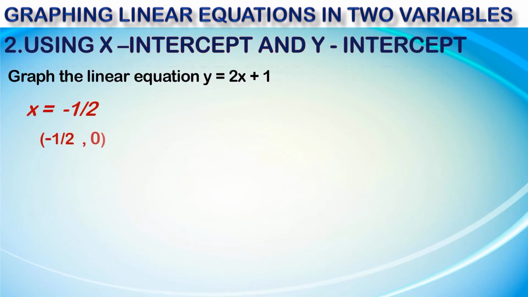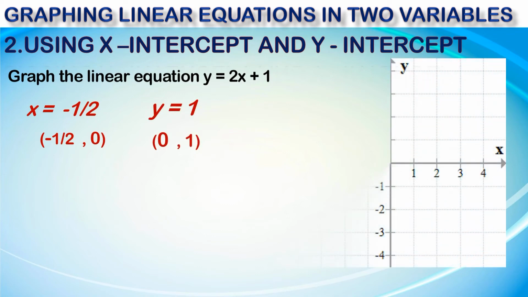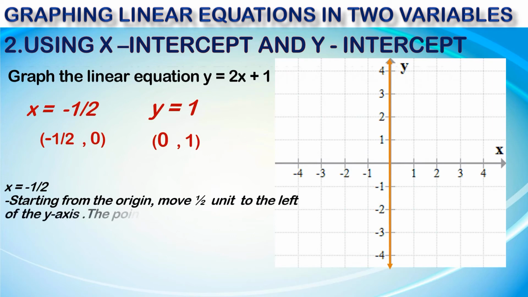Now, we're going to plot the x and y-intercepts on the Cartesian plane. So how do we plot negative 1/2 on the Cartesian plane? Since x is equal to negative 1/2, we have the ordered pair (-1/2, 0). Starting from the origin, move 1/2 unit to the left of the y-axis, and the point is located on the x-axis.